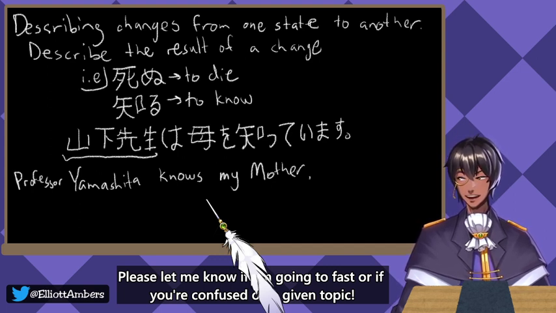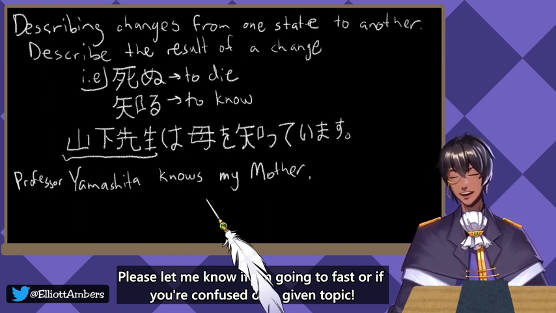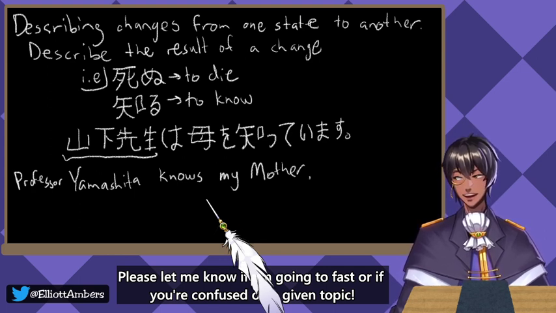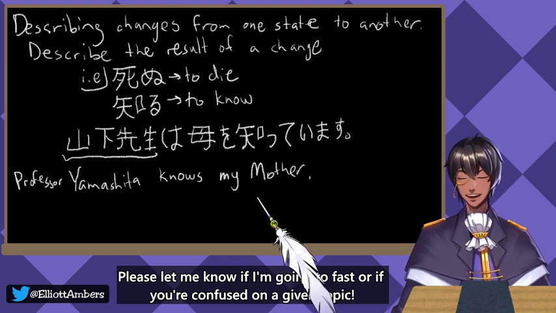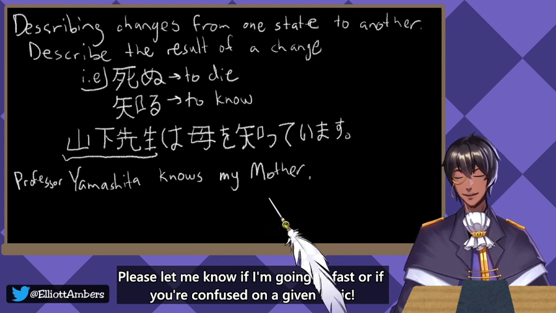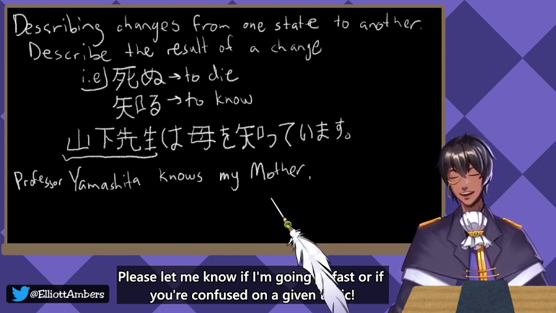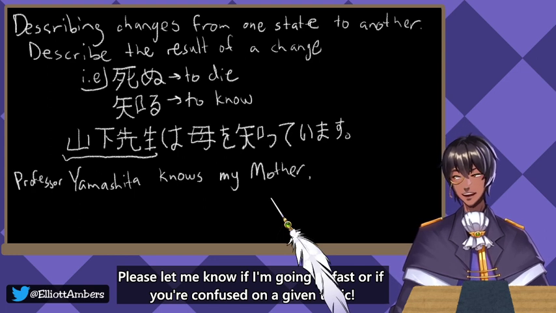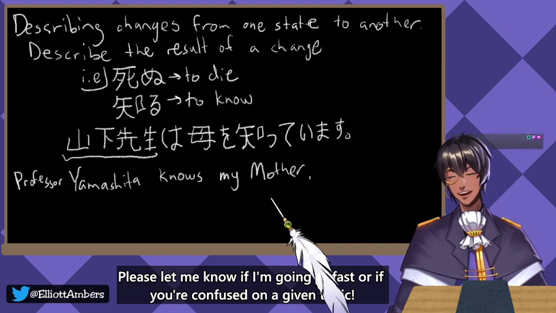They use an example like, Yamashita sensei wa kekkon shiteimasu, where kekkon shiteimasu means is married. Getting married isn't something that happens over time. You get married. So it wouldn't be right to say something along the lines of, Yamashita sensei wa kekkon shirimasu.